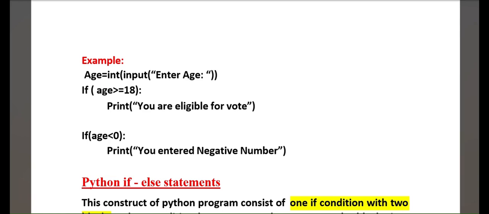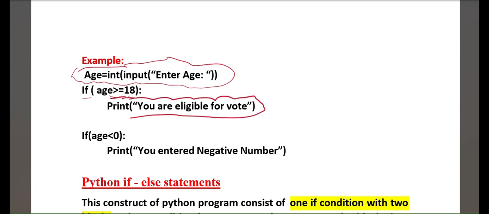First, see some example questions. Here the question is that the user is taking age as input, and here we have written an if statement: if age is greater than 18, print you are eligible for vote.